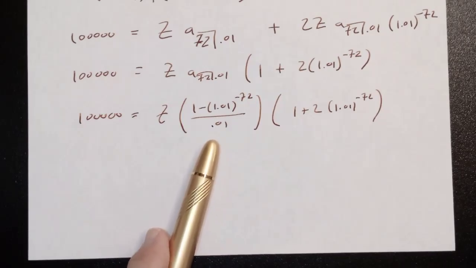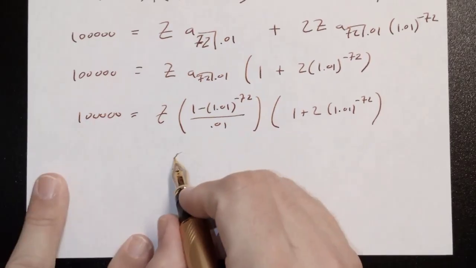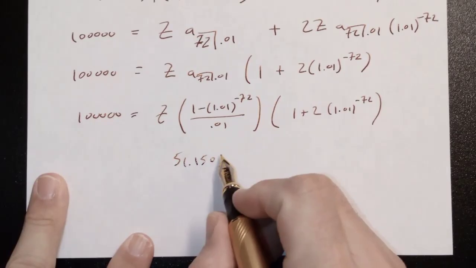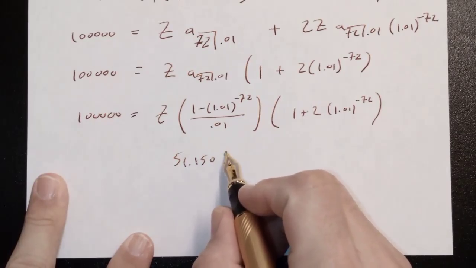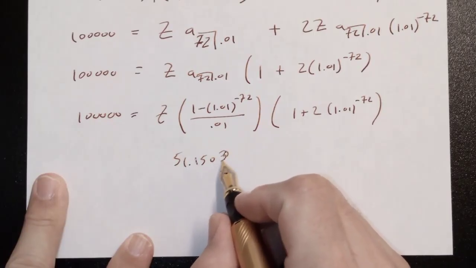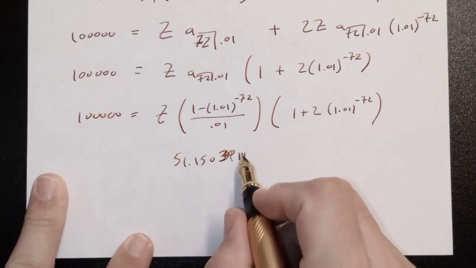What do you get for this number? 15039. What's the rest of it? 148.